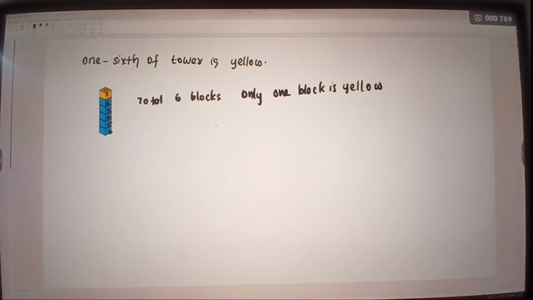So how do you write that as a fraction? The fraction of yellow blocks is equal to 1 over 6.